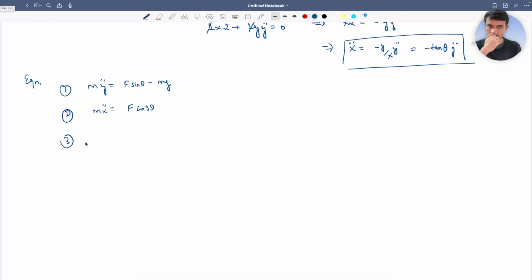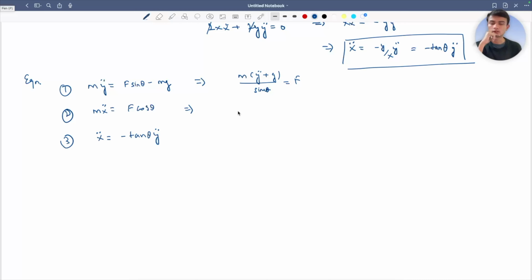The third one is x double dot equals minus tan theta y double dot. With these three equations, I'm going to do my analysis further. So from the first equation, I can conclude that m times (y double dot plus g) divided by sine theta equals F.